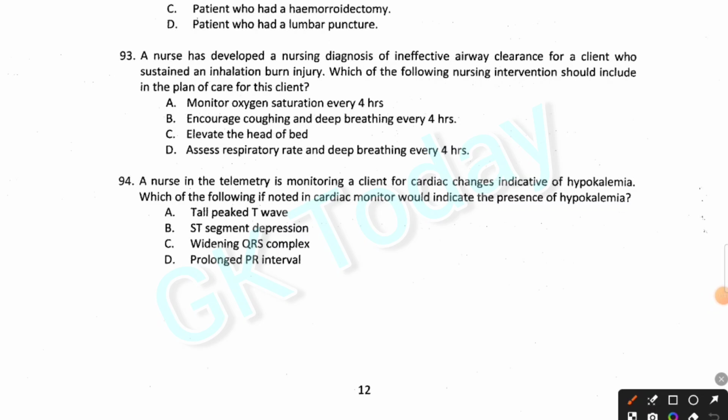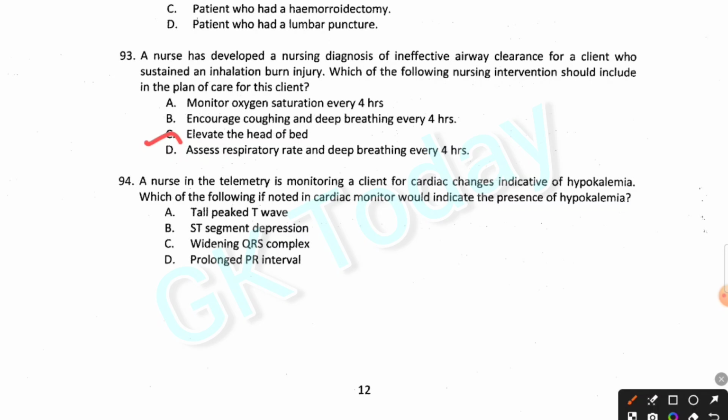Correct answer is option C. Elevate the head of the bed. A nurse has developed a nursing diagnosis of ineffective airway clearance for a client who sustained an inhalation burn injury. Which of the following nursing interventions should be included in the plan of care for this client? Elevate the head of the bed.